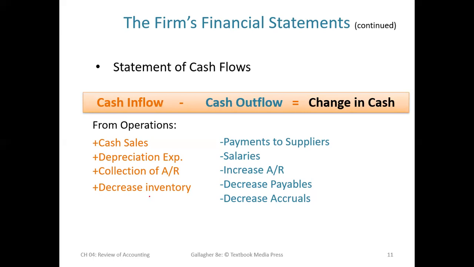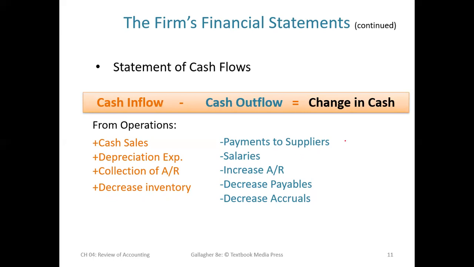Decrease in inventory: if your inventory decreases, that means either you used it for the products or you sold the inventory. So that is cash inflow. And cash outflow is the money that goes out of your pocket.